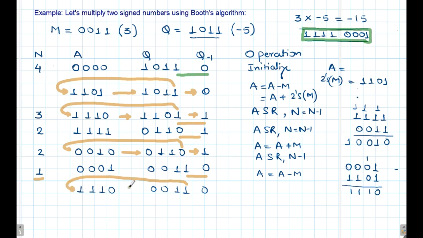So these values need to be shifted and n is decremented by 1, that is 0. So this results in 1 1 1 1. This has been shifted over here. This 0 has been shifted over here. It will result in 0 0 0 1, and this 1 is shifted over here. This will result in 1.